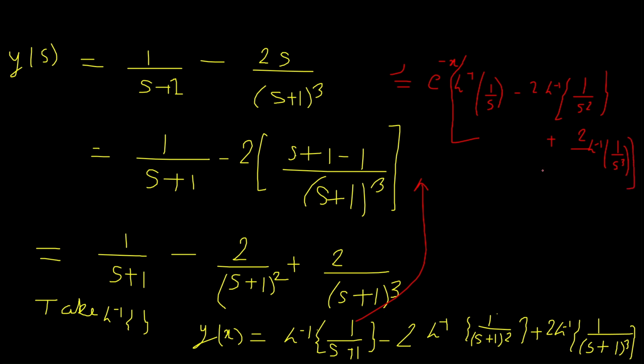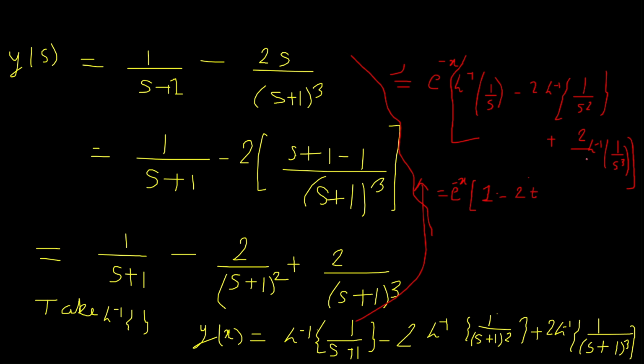Now we can easily take the inverse Laplace of these functions. Taking all the functions with e to the power minus x, we will get 1 minus, here division by gamma 2 is 1, so minus 2x.